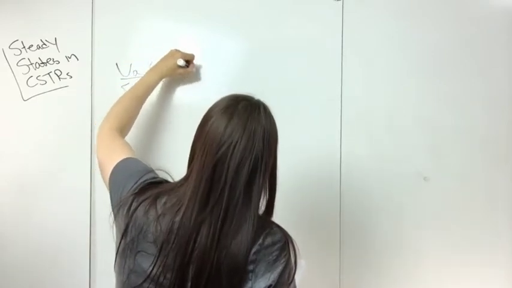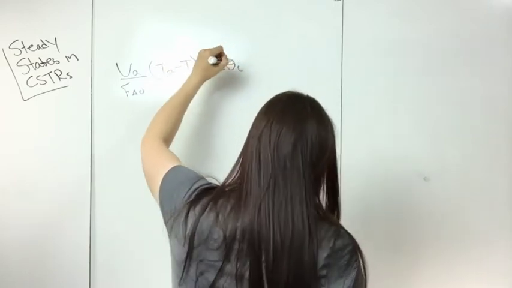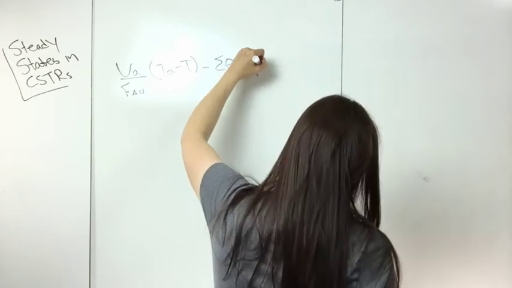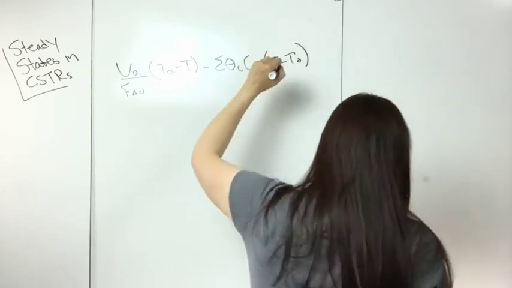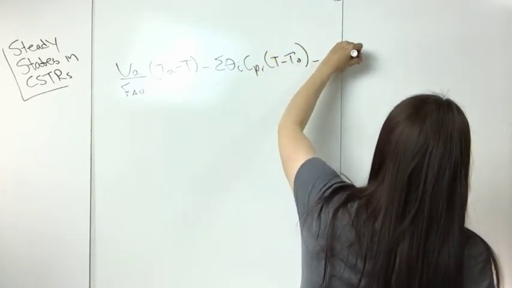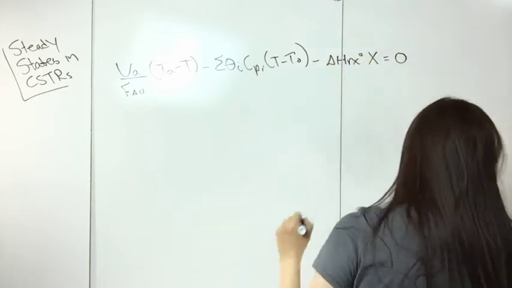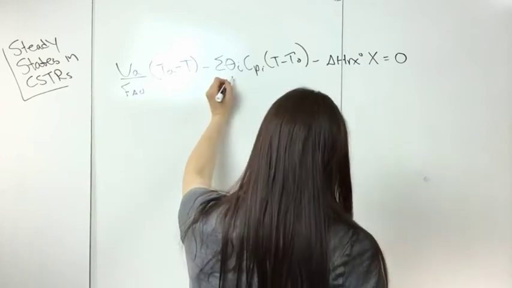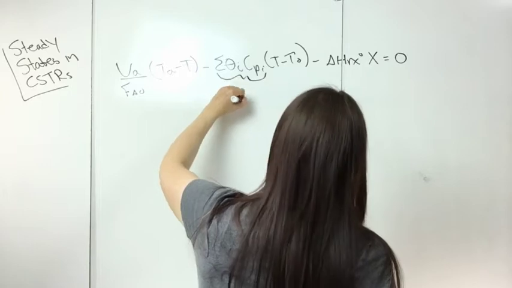TA minus T minus the sum of theta i Cp i T minus T naught minus the heat of reaction X is equal to 0. And then let's just say that this is equal to Cp naught.